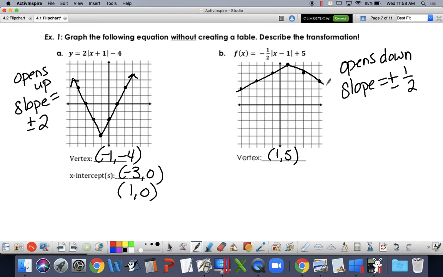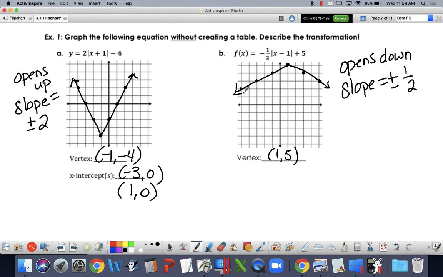Draw as many points as I can. Now you'll see for this example, I didn't ask you for the x-intercepts because I can't see them on my graph. I didn't give us a big enough piece of graph paper. But that is the crux of our learning target, graphing absolute value functions.